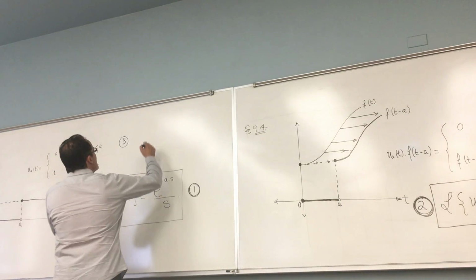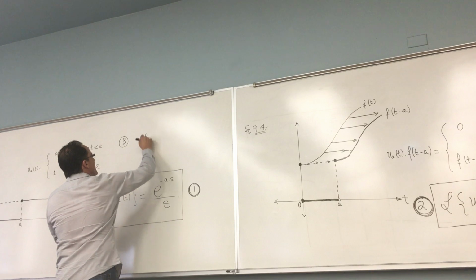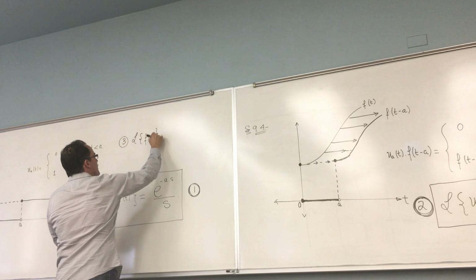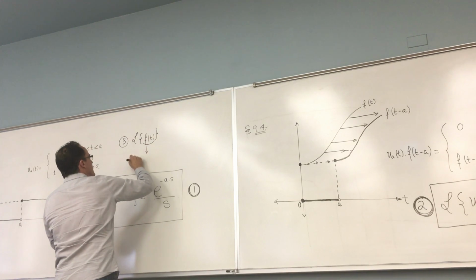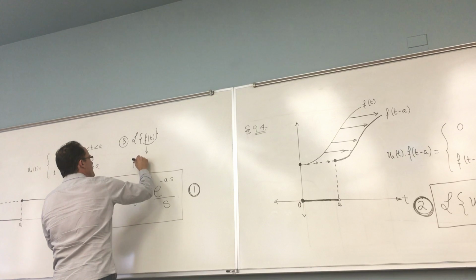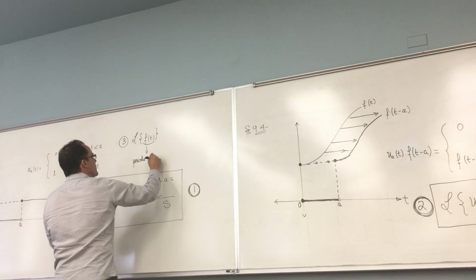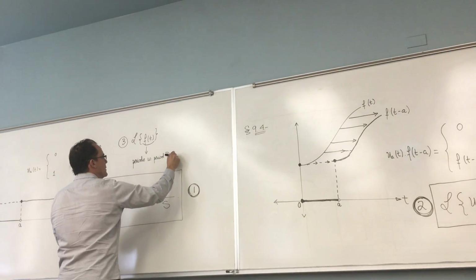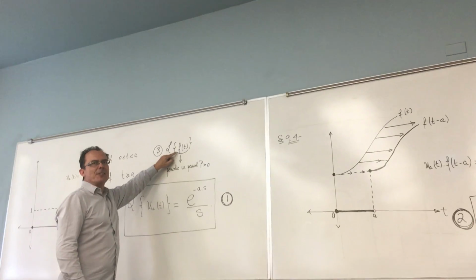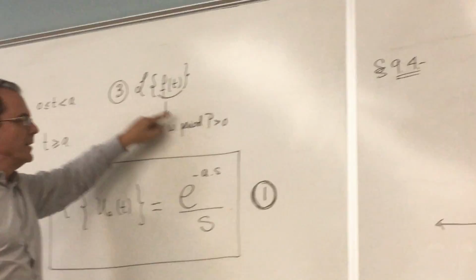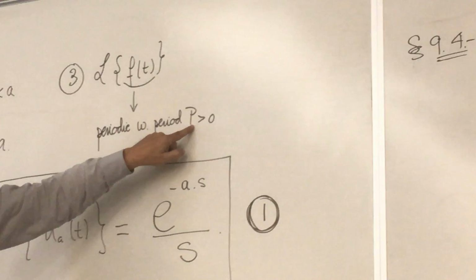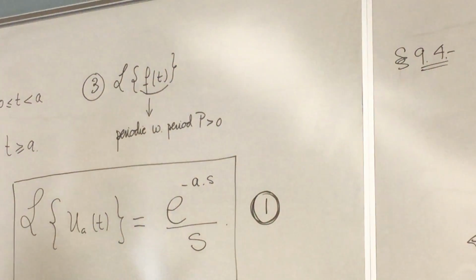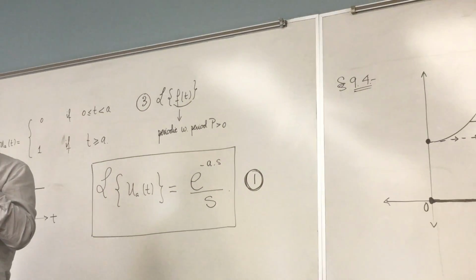So what if the non-homogeneous little f of t is a periodic function with period capital P positive? For instance, if that would be the sine function, sine t, the period of the sine function is 2 pi, so P would be 2 pi. So we would like to have a formula to compute the Laplace transform of those periodic functions.